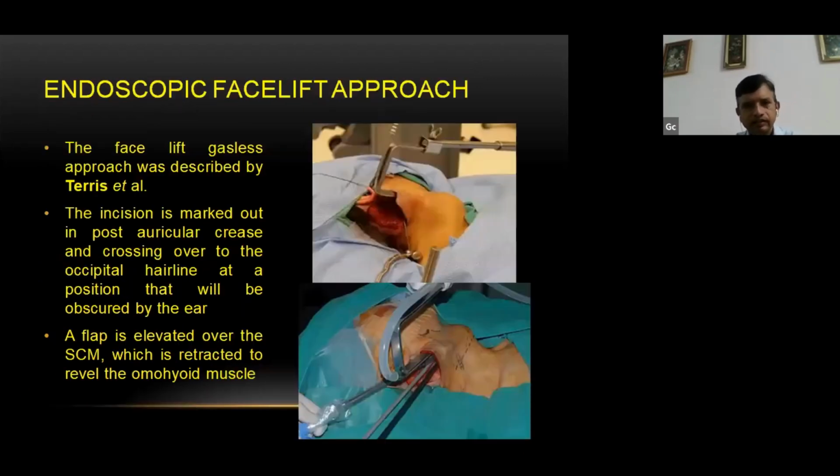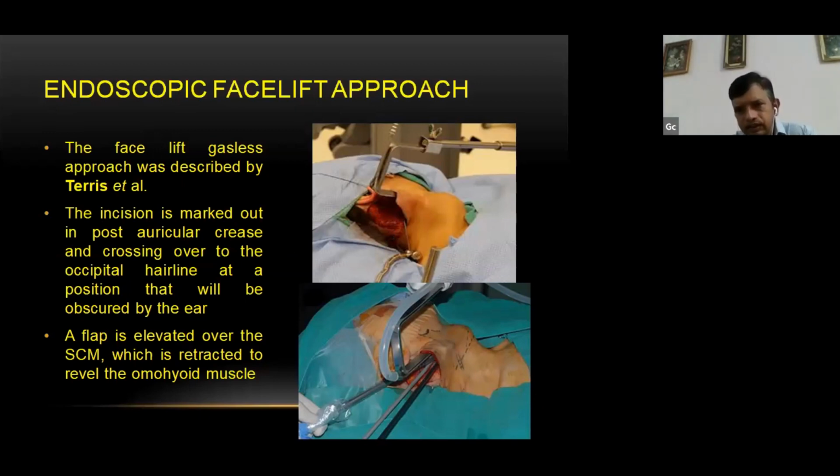And then the Terris et al. technique, from the neck. So you see the incision from the posterior part of the auricle going into the hairline of the neck. So this is a big incision, but the scar is hidden by the hairline, under the hair, so it is not visible.